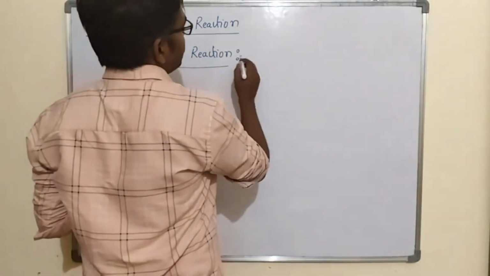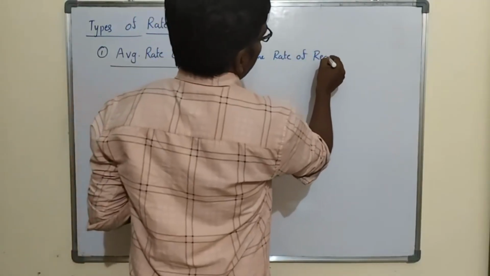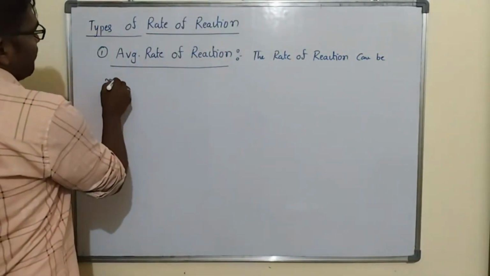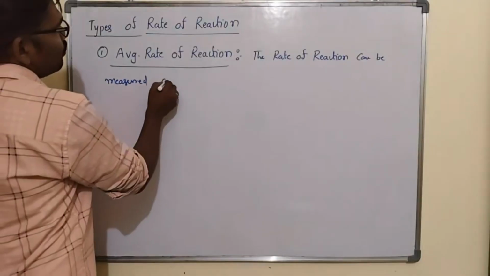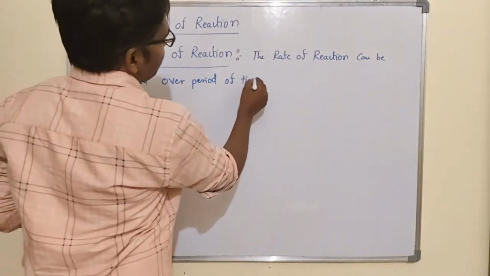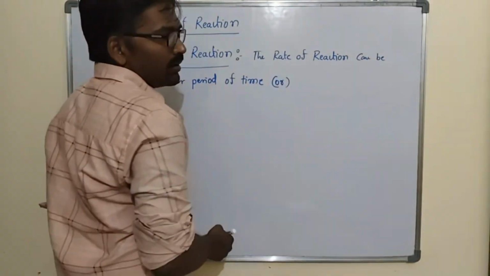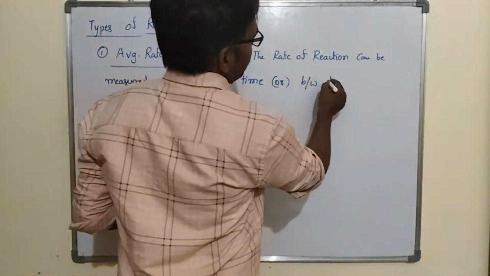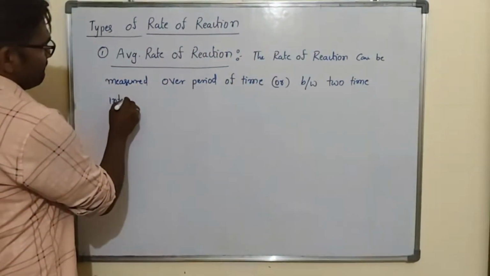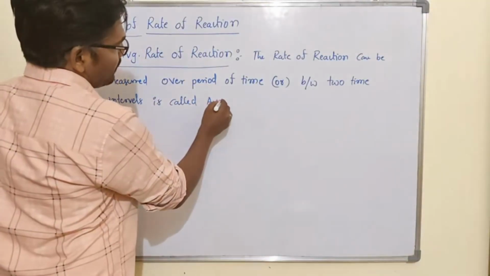So average rate of reaction, nothing but the rate of reaction, can be measured over a period of time, or between two time intervals, is called average rate of reaction.